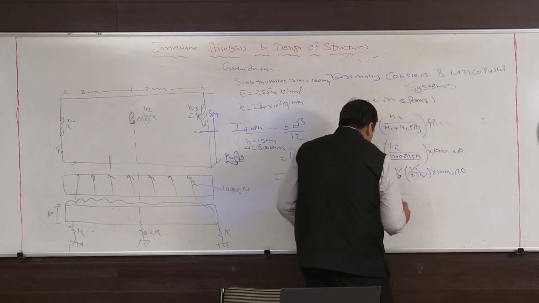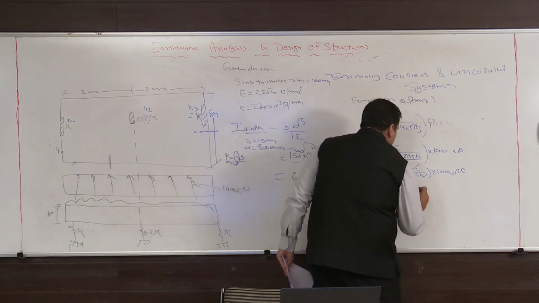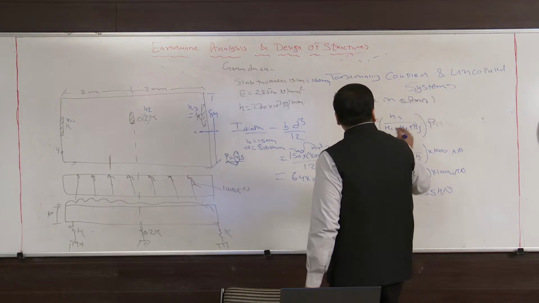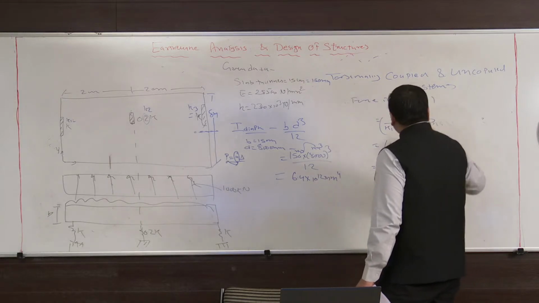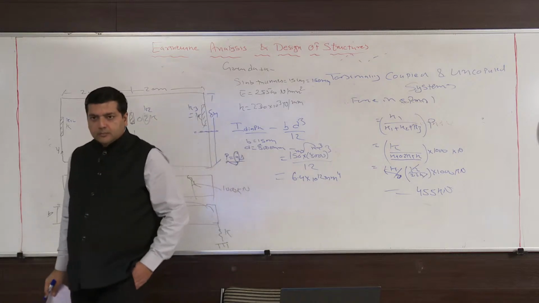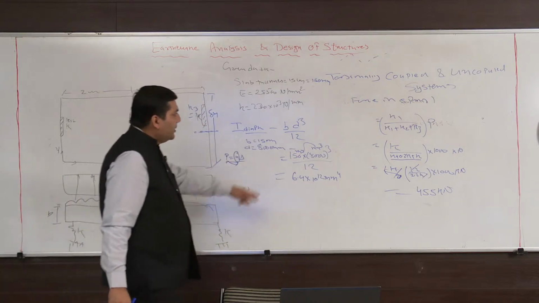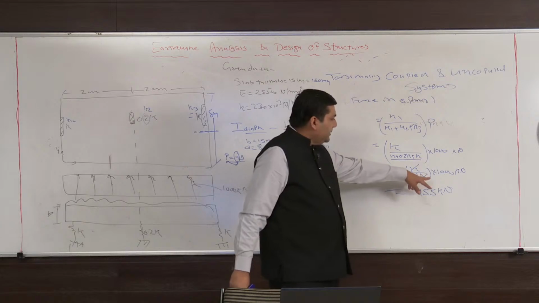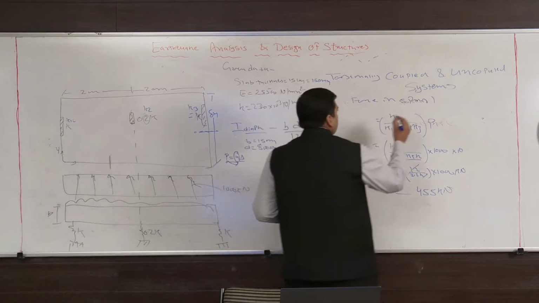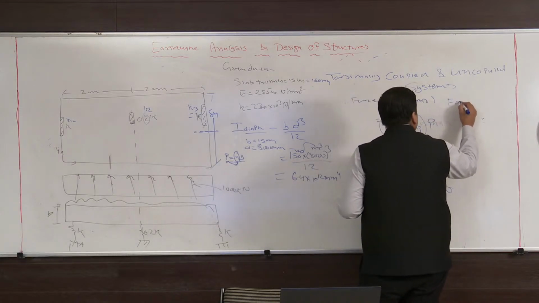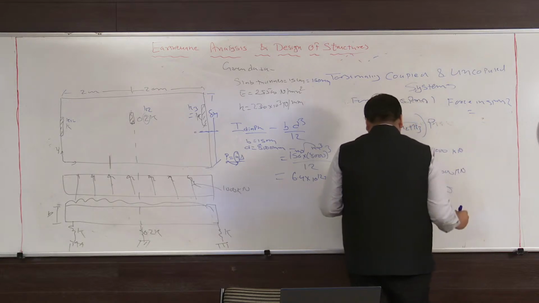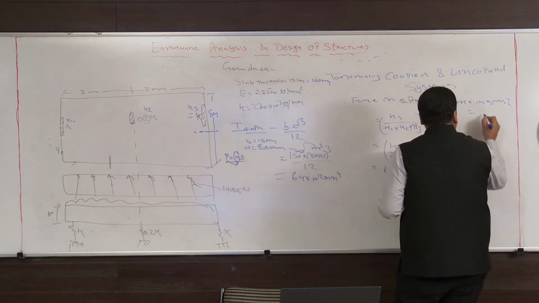So the value of force is in kilonewton. Now force in spring 2, you just calculate and tell me. 0.2 upon 2.2 K into 1000 is 90.9. Force in spring 2 will be 90 kilonewton.